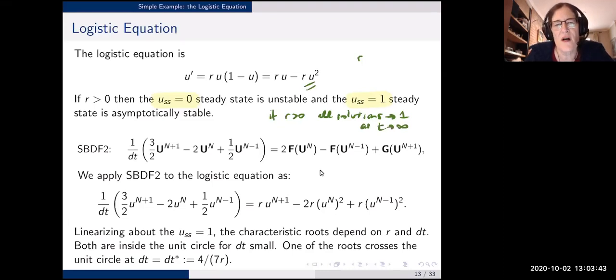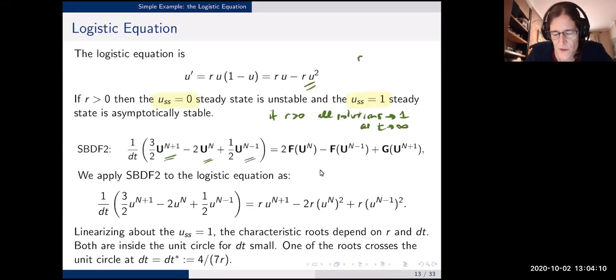Now, as a test problem, I'm using a time stepper which is like the semi-implicit time stepper I had before, except that it's second-order accurate. It's a two-step method: the future solution is built out of the current solution and a solution one step in the past.